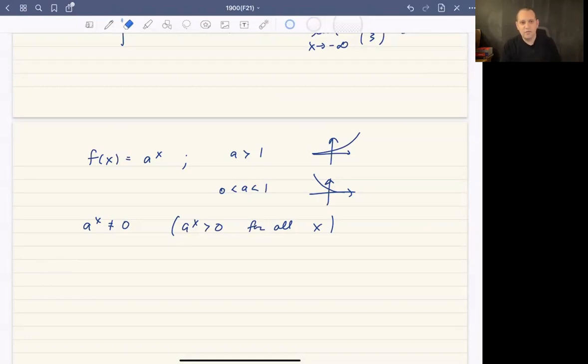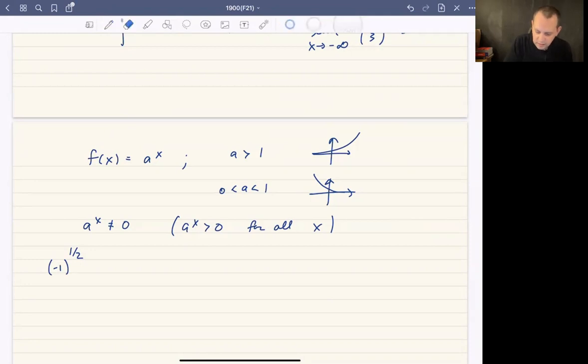So even just -1 to the x is not a well-defined function. To give you an example of the type of problems that you could come across, let's think about -1 to the 1/2. That is undefined, right? Because it's the square root of -1, and that's already a problem.